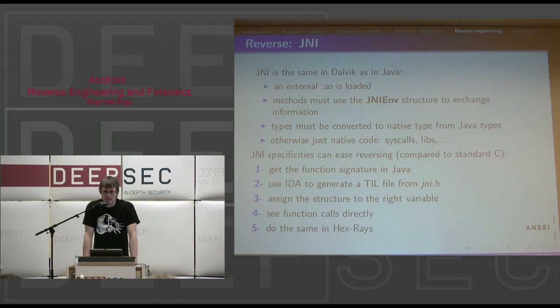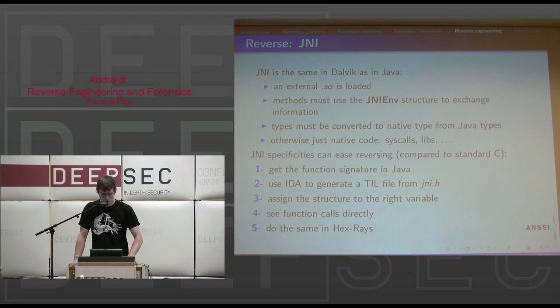The last specific part of reversing Android applications, which fortunately doesn't appear that often, is JNI. It's the native code running part of an application. At the beginning, when you load the application, the shared library that is in the archive is loaded.